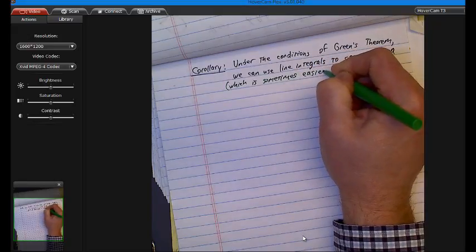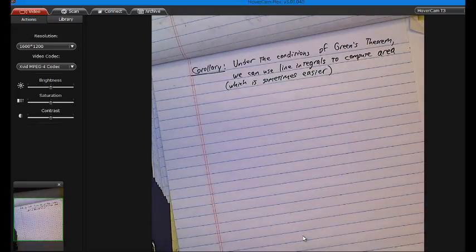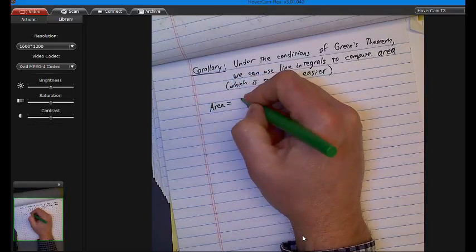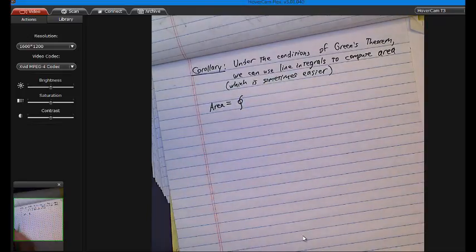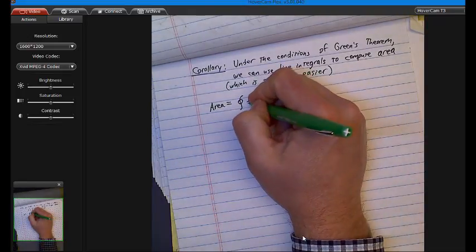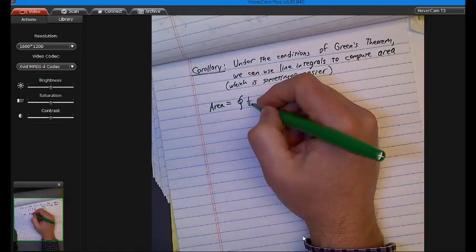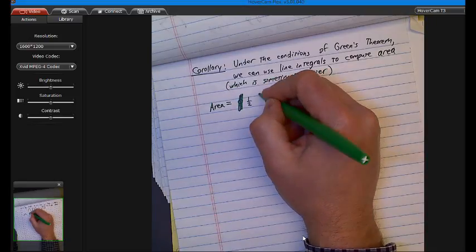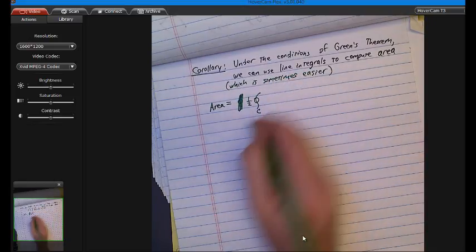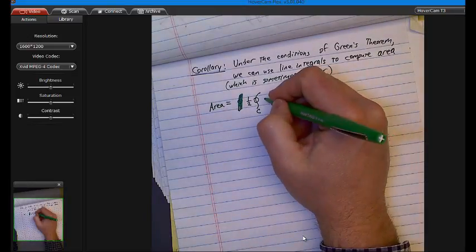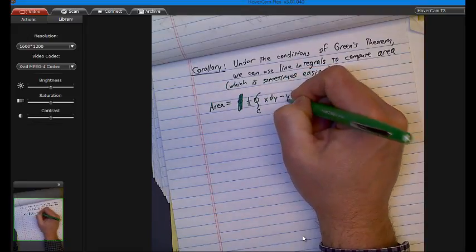It's kind of cool. They teach you this theorem and then you work with it forwards, work with it backwards. Anyways, the theorem would say the following, that area is equal to, usually we move the 1/2 out front, so 1/2 the line integral of x dy minus y dx.